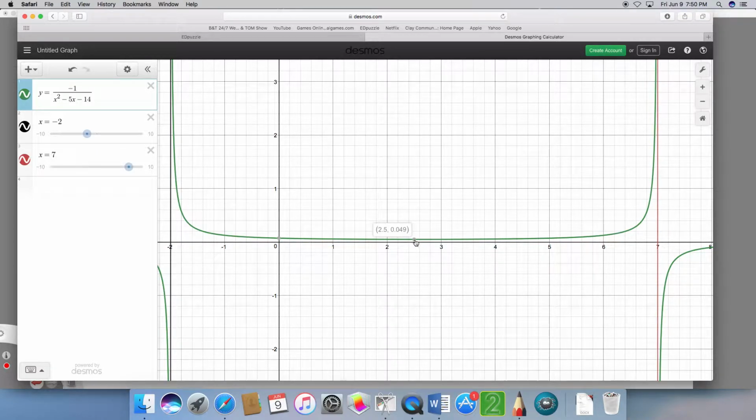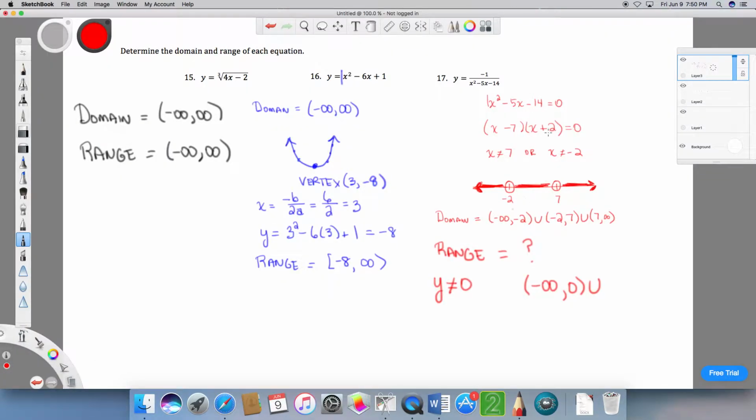Knowing that there is a minimum value, I just played around with finding the coordinates of the vertex of y equals x squared minus 5x minus 14, and then I took the inverse.